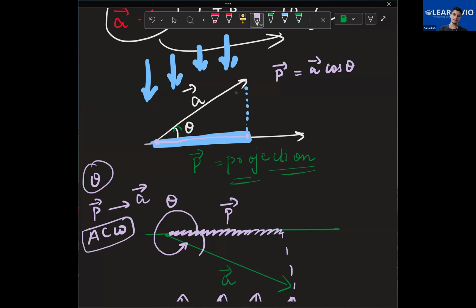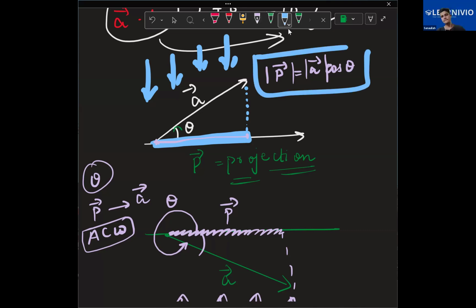Obviously this is the magnitude, because we are finding the length, so it should be magnitude. Is the formula clear to you? Yes, sir.